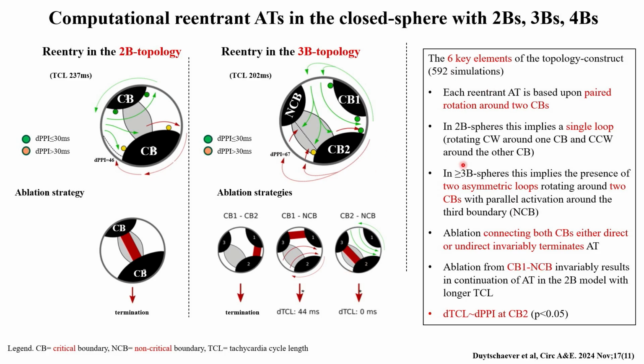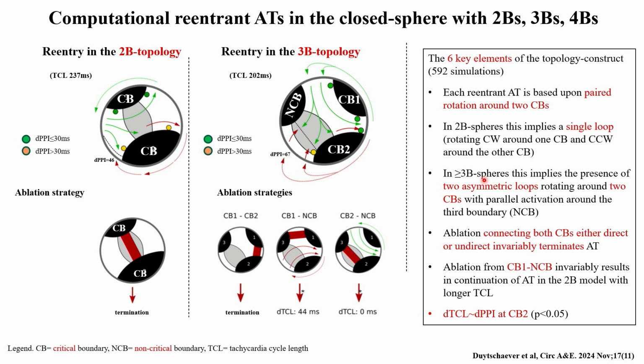So these are the 6 key elements of the computational modeling. Number 1, you always have paired rotation around 2 critical boundaries in reentry. Santucci wrote a paper about this in JACC EP. Always 2 critical boundaries. Number 2, if you have a 2B sphere, it's a single loop. If you have a 3B sphere, 4B sphere, 5Bs, it will always be 2 loops.